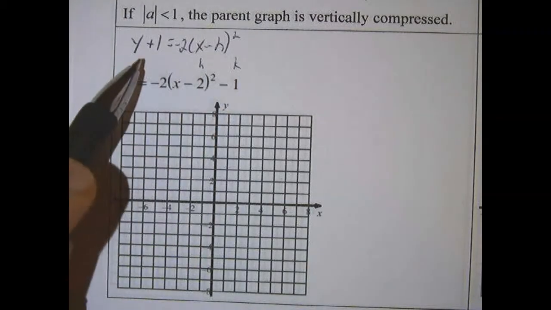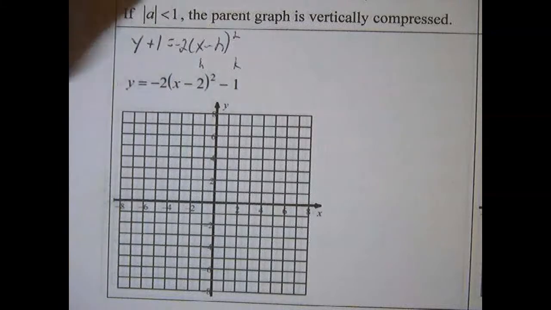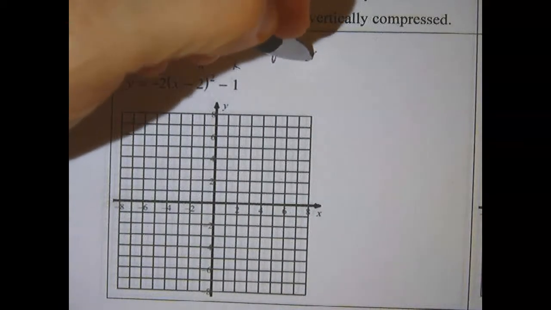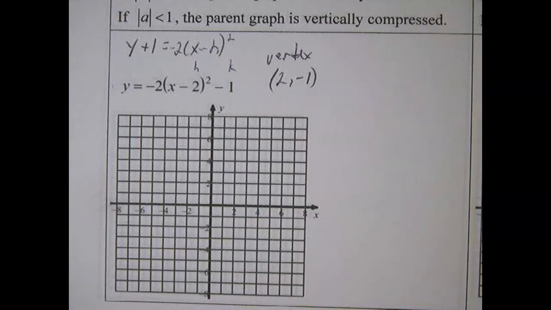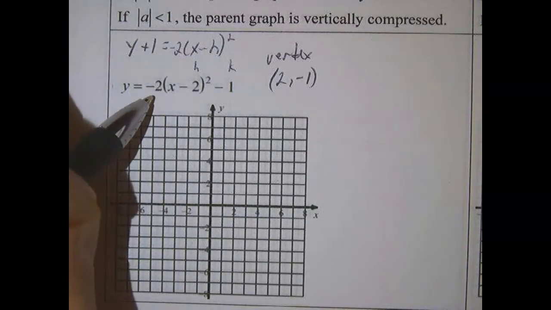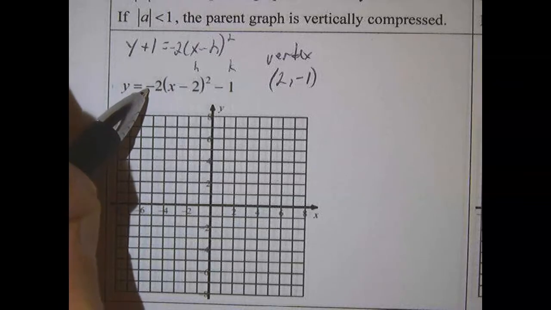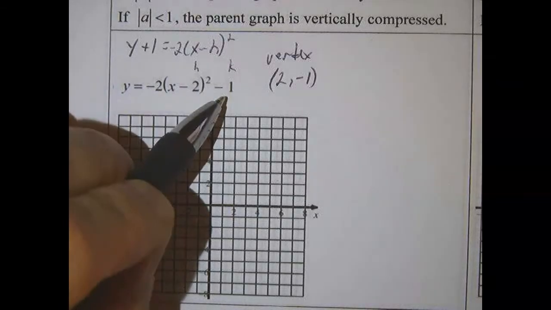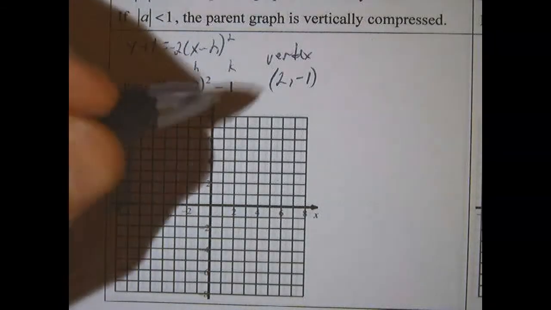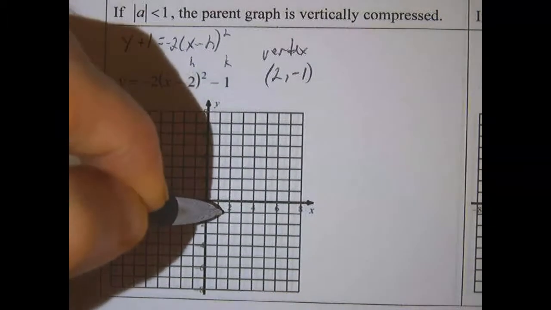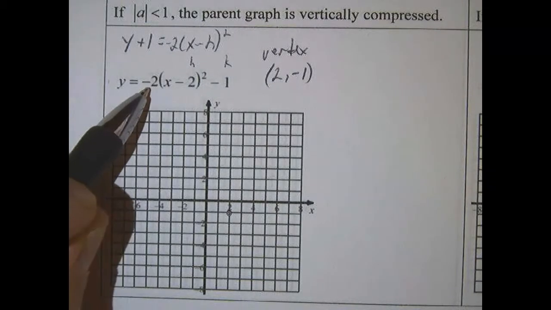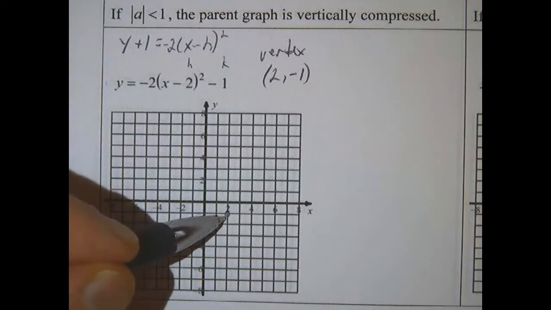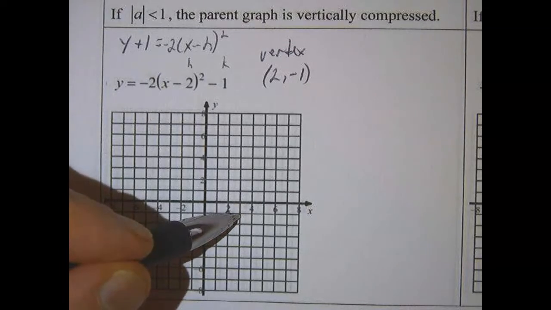So h is 2 and k is negative 1, and the vertex is 2, negative 1. This is going to be vertically stretched and vertically reflected, so it opens downward. Instead of going over 1 and down 1, it's going to go over 1 and down 2.